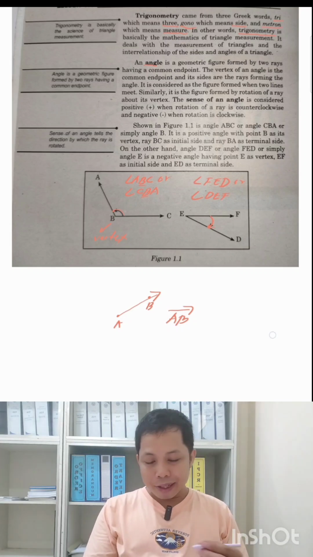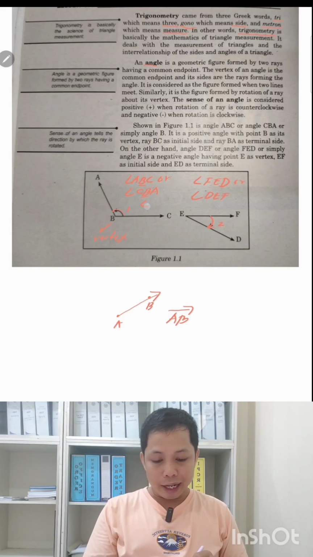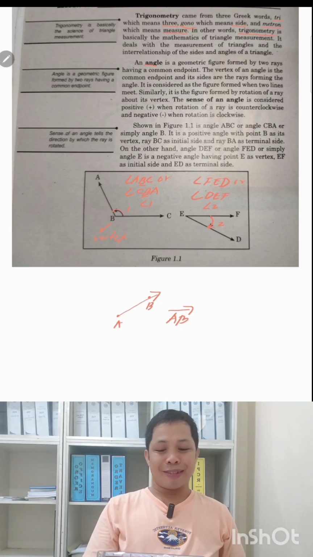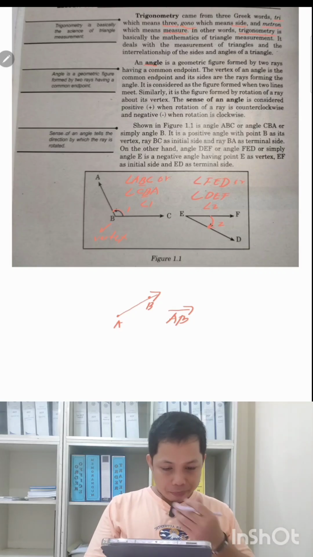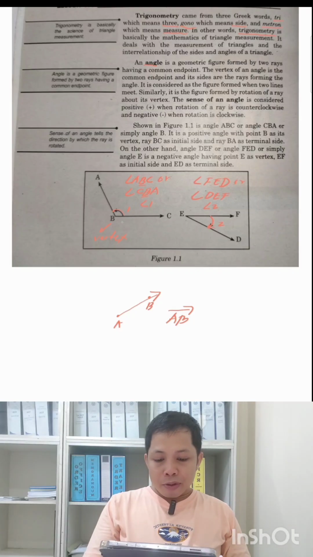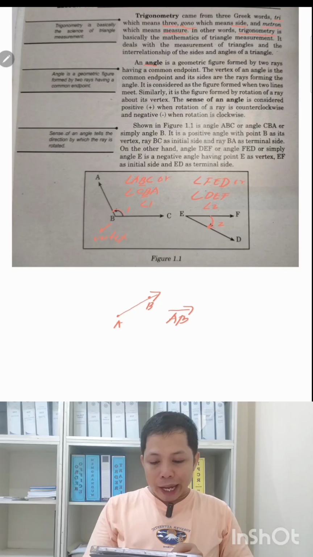Sometimes the angle can be named using a number. For example, angle 1 or angle 2. Here, we can name this angle as angle 1, and on the right, we have angle 2. So, ray BC is called what? The initial side.